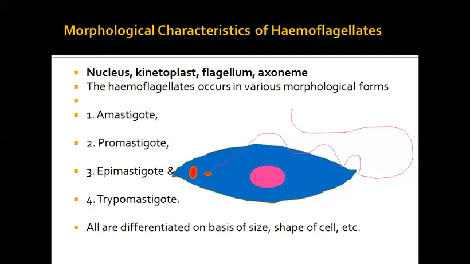This free flagellum is present on the surface of the parasite in the form of a membrane. It is a frill-like structure. This membrane is called an undulating membrane, and it extends out as a thin flagellum.